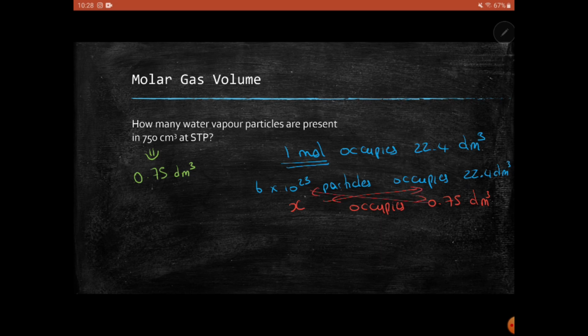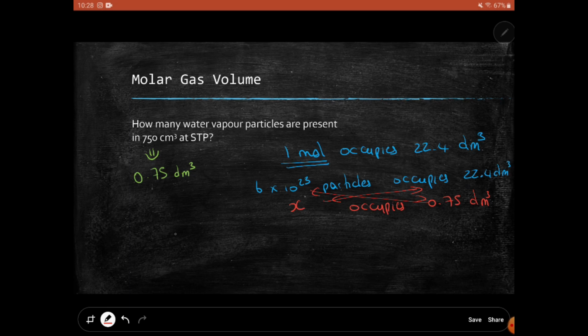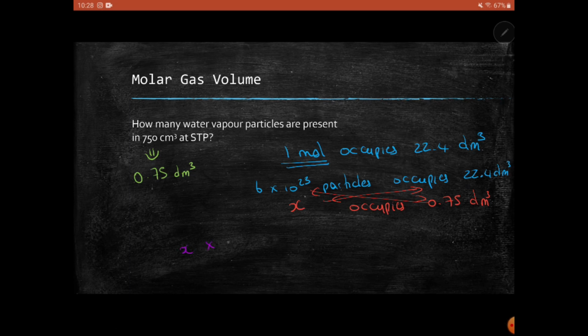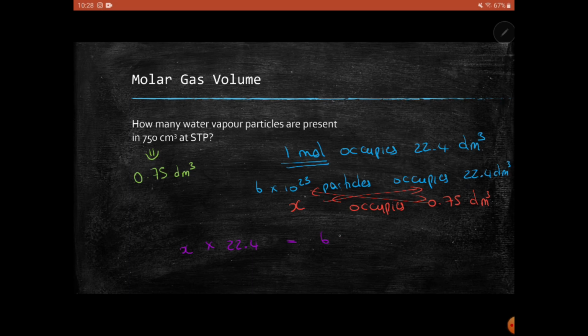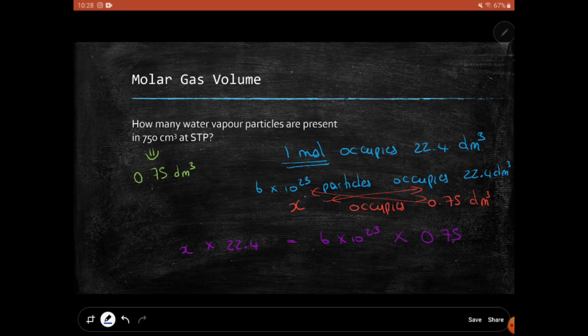Cross multiply, and that would read x times 22.4 is equal to 6 times 10 to the 23 times 0.75. We would then solve for x by dividing both sides by 22.4.